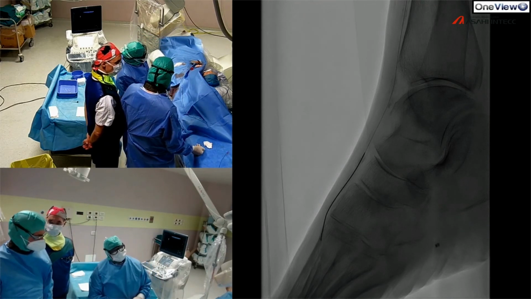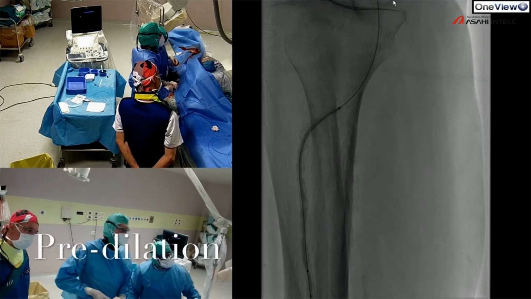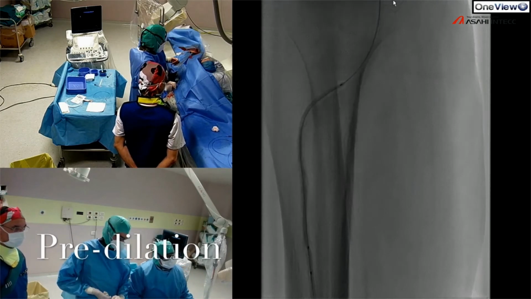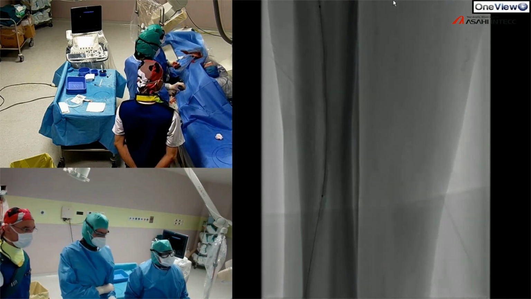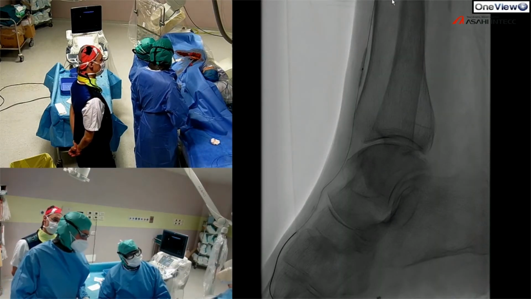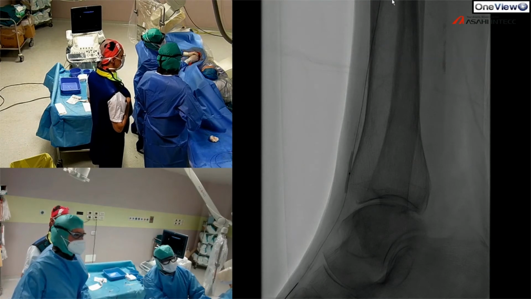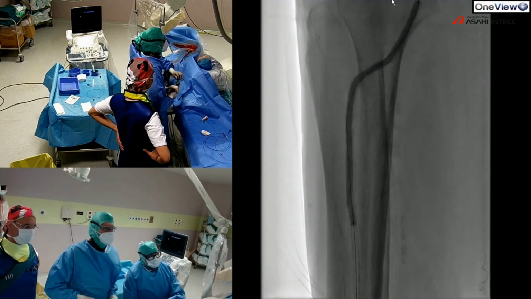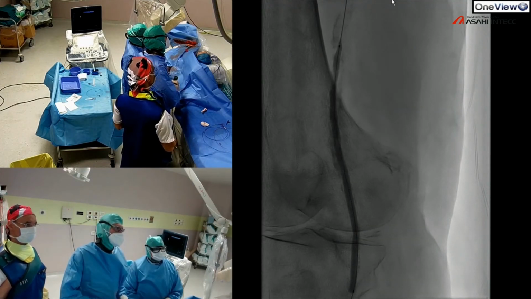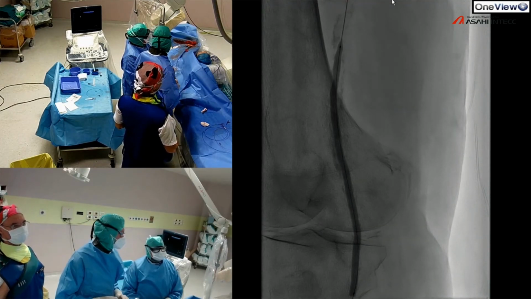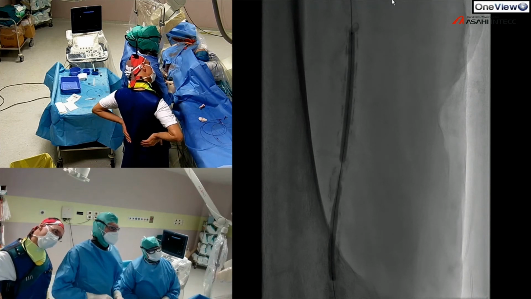Okay, we arrived here. We are very, very close to the arch. It was not possible to advance the Rubicon beyond the occlusion. So these are a predilatation in the top and in the middle of the artery, with the single marker balloon, the smaller balloon.